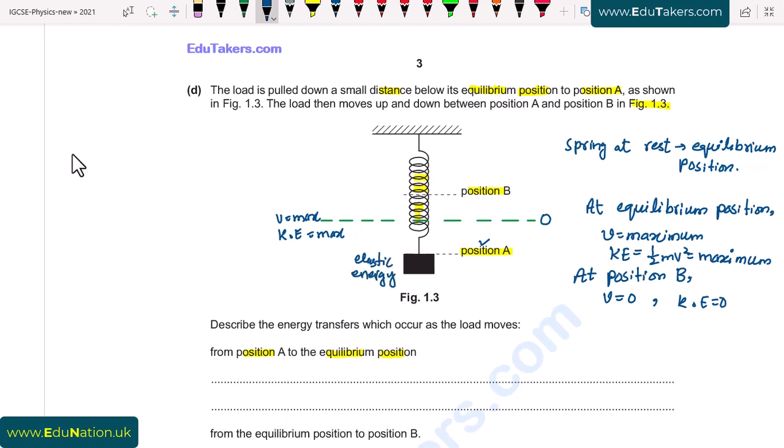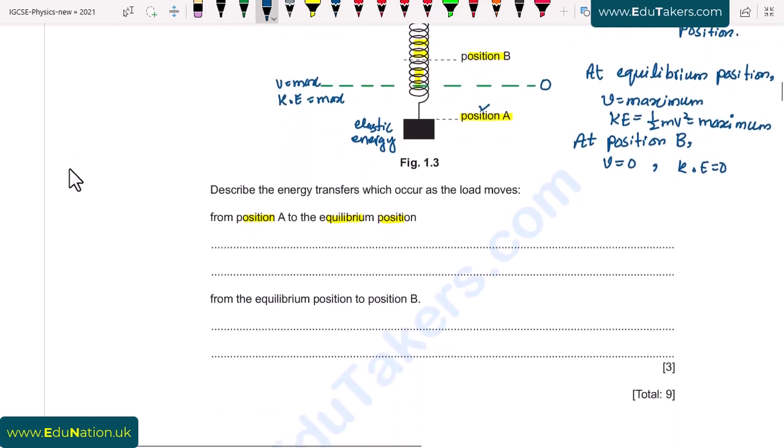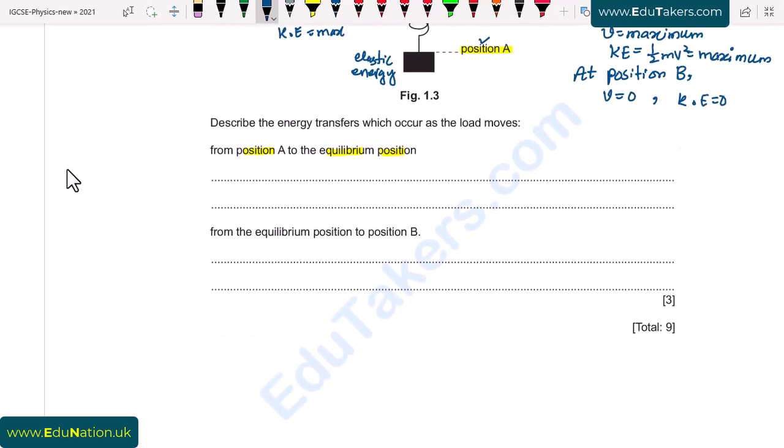When this load moves from position A to O, then all of the elastic energy changes into kinetic energy. So I write here the energy transfer will be from elastic energy to kinetic energy.